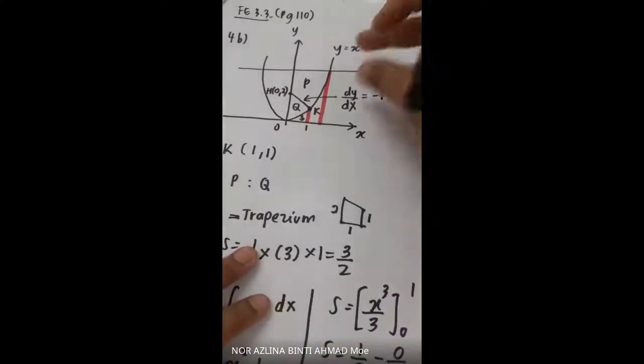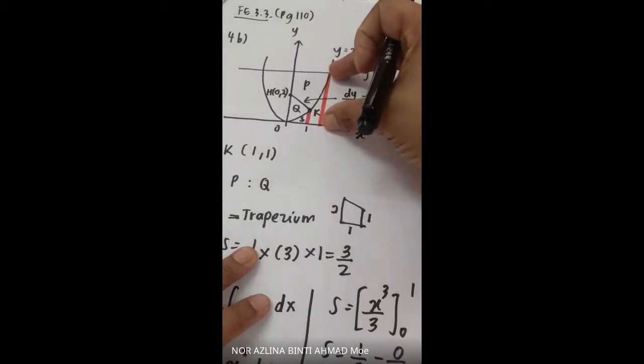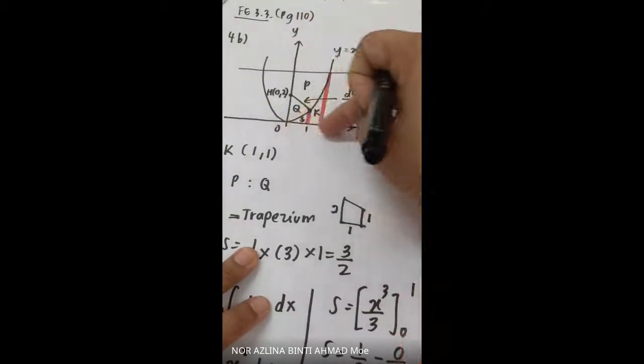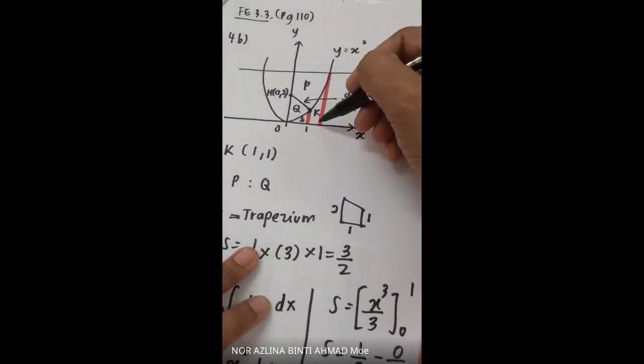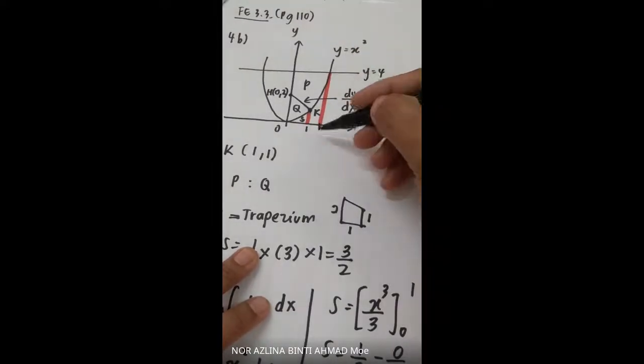This rectangle, the height is 4 and 4. And here, what is the value here? How to get this value?